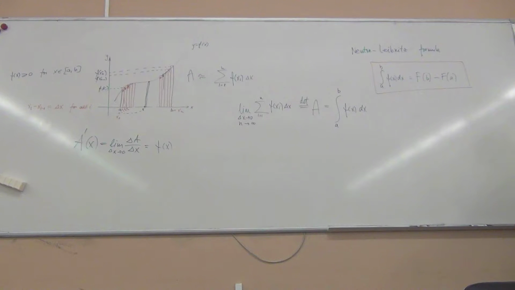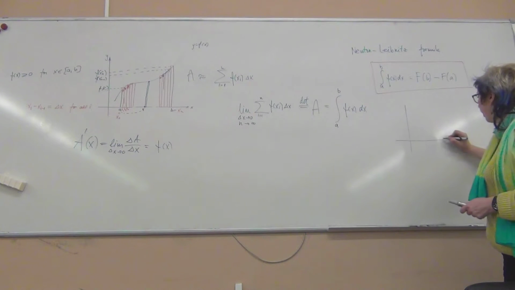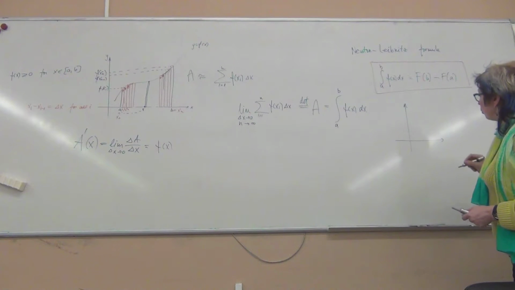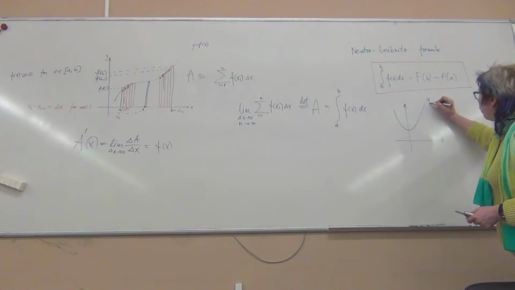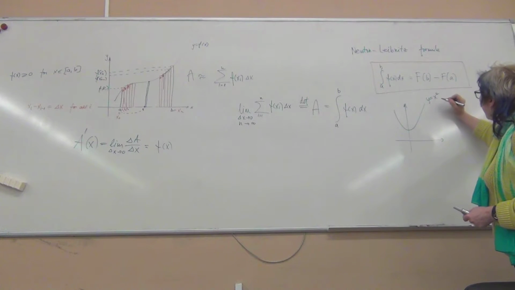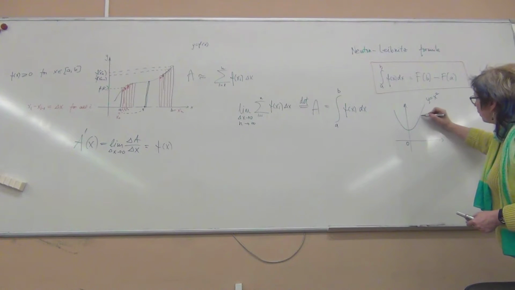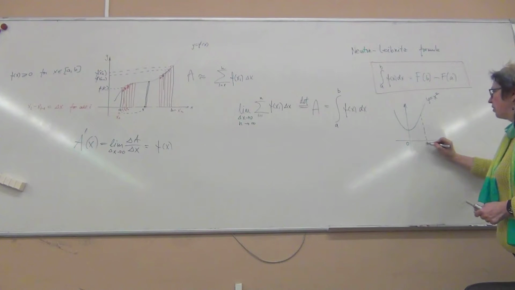For example, if you need to find the area below, let's take something very simple. Let's suppose we need to take the area below the curve, let's say y equals x squared from x equals 0 to x equals, let's say, 3.